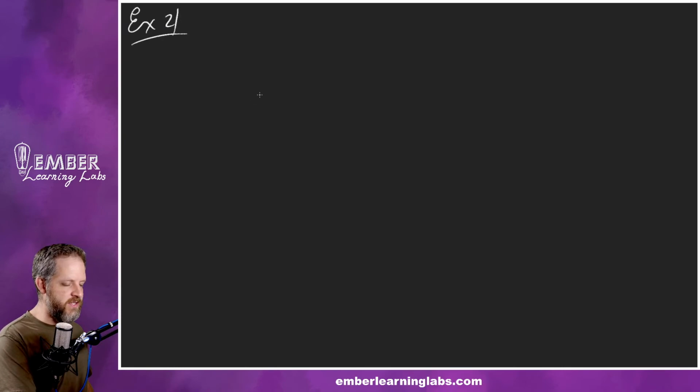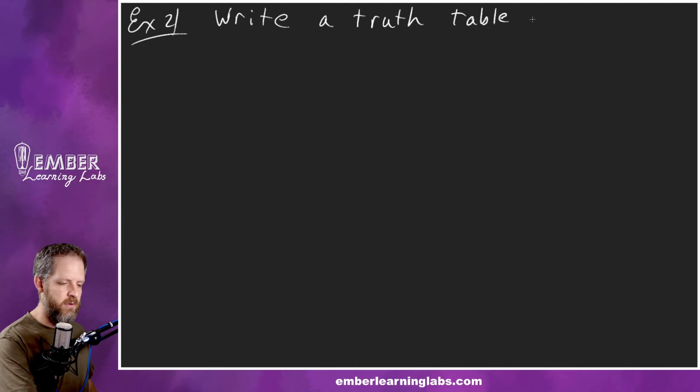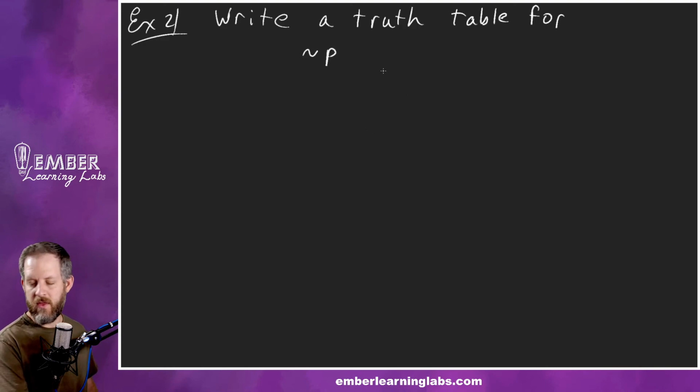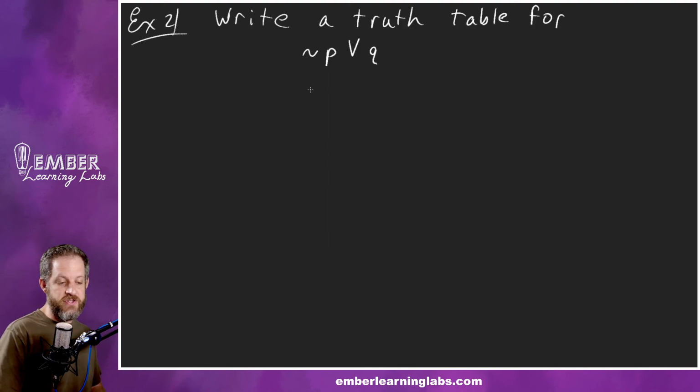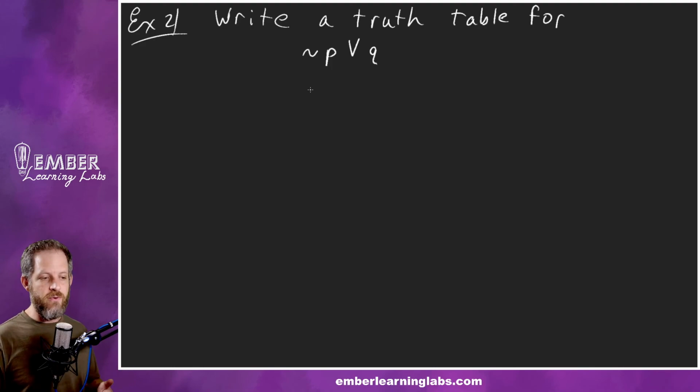For a problem like this one, it might say something like: write a truth table for not P or Q. That's the same thing we wrote before, but these are more generic. We don't know what the statements are. Given any two statements, P and Q, we're going to write a truth table for the different possibilities for not P or Q.